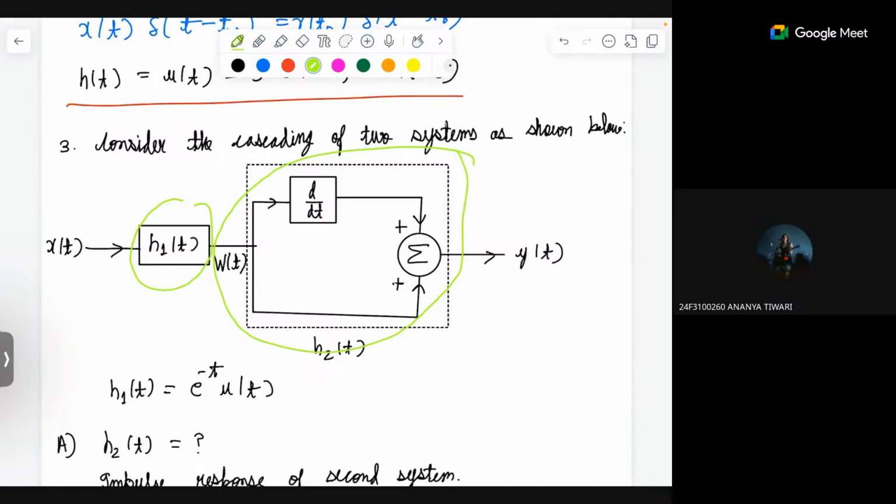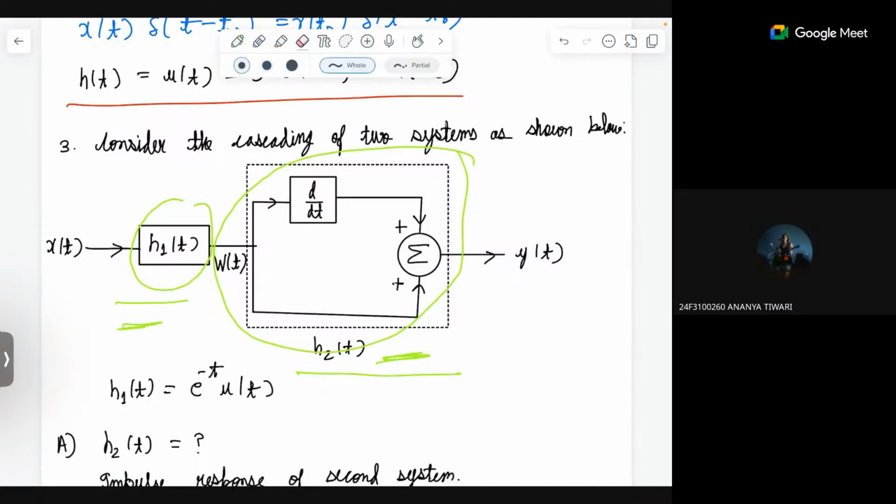In invertibility, we studied that if I have one system and I cascade it with its inverse, then I will get the same input at the output, or the overall impulse response will be delta of t. So h1t is an invertible system, h2t is its inverse, or we can also say h2t is an invertible system and h1t is its inverse.